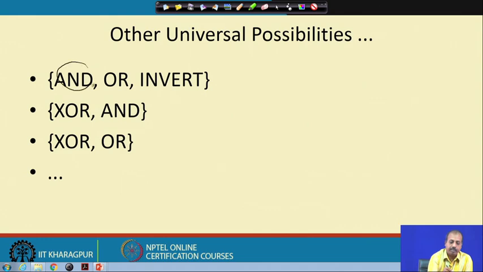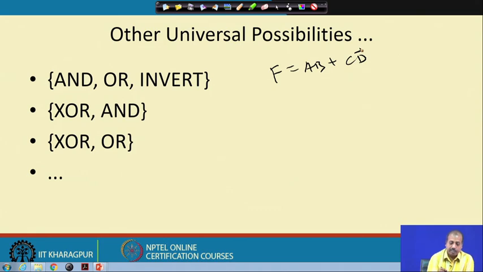The AND gate can be used for the AND part, the OR gate for the OR part, and the inverter for the NOT operation. So, any Boolean function that you write, say f equal to a b plus c d bar, you can very easily realize using AND, OR, invert gates, as we have already seen.